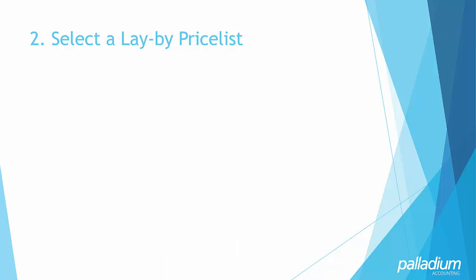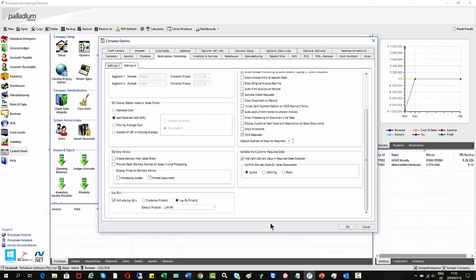Step 2, we're going to select a lay-by price list. So in the same area under options, once we've done step 1 and activated laybys, we'll see then we have an option to either use customer price list or lay-by price list. So if I left it to the default customer price list, it means the way the unit price on sales documents is handled will remain the same.